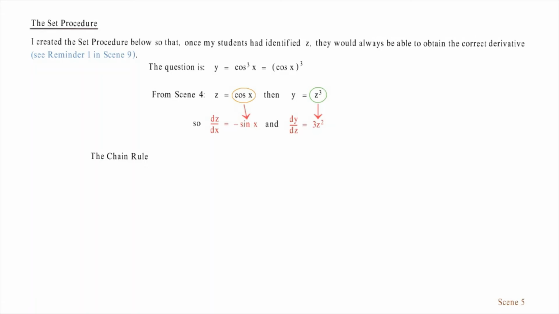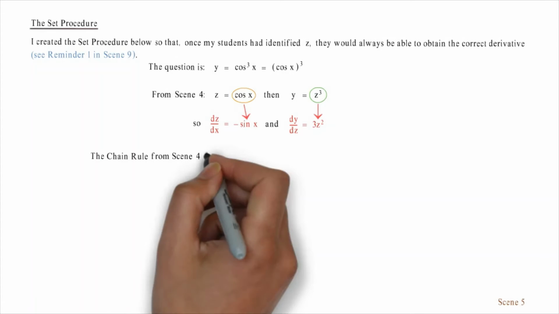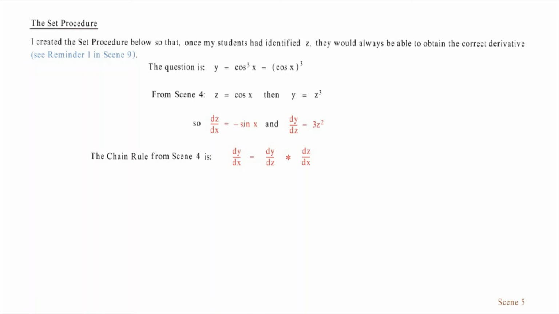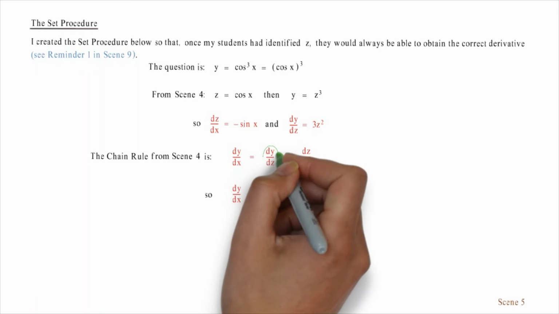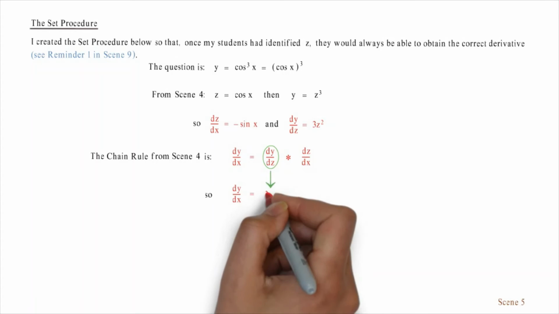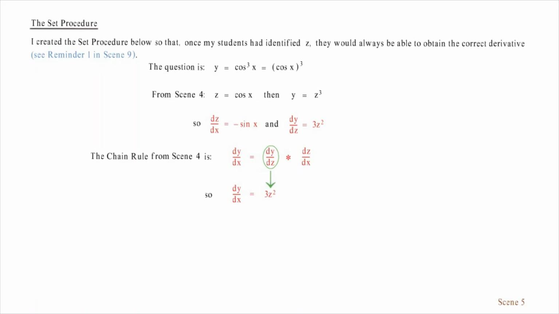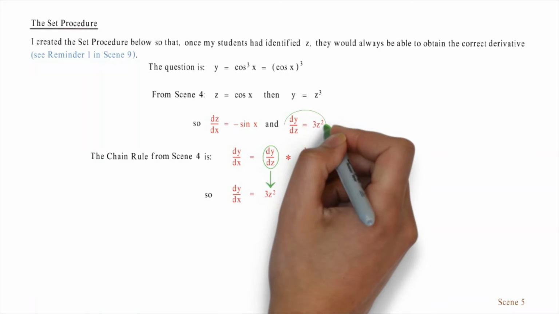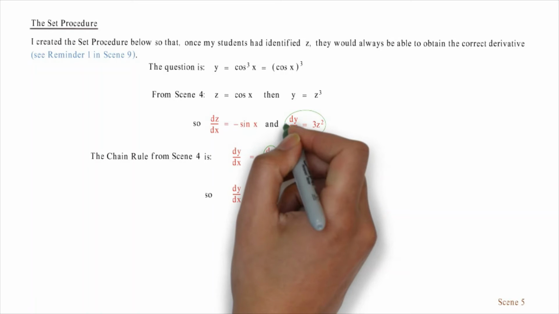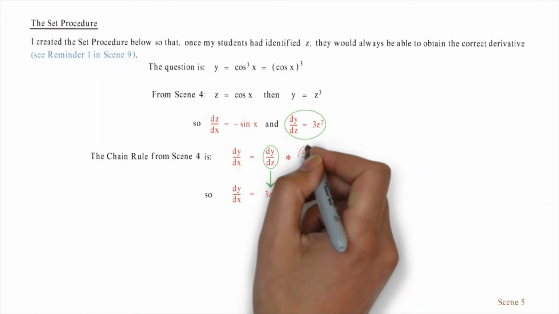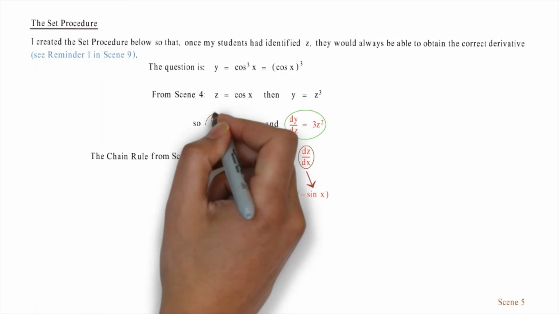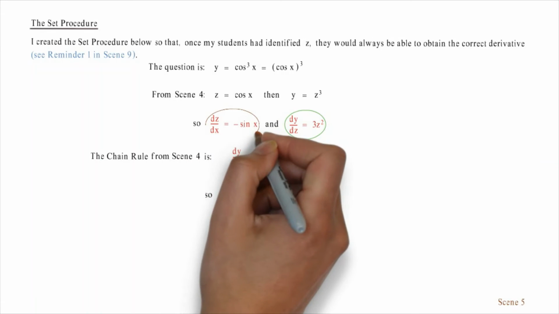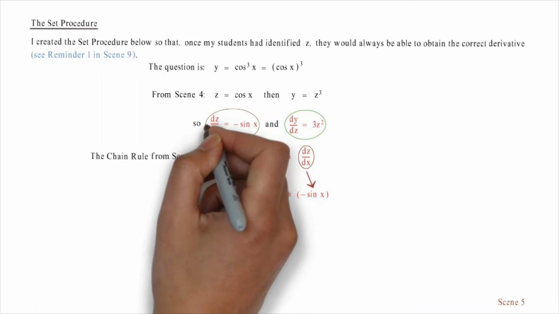The chain rule from scene 4 is: so dy by dx equals dy by dz, which is 3z squared, times dz by dx, which is minus sine of x.